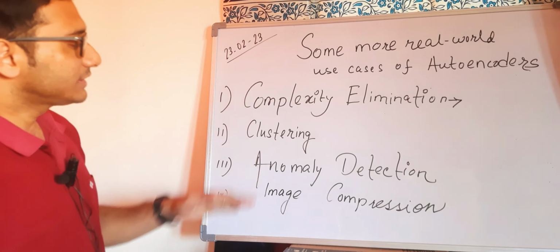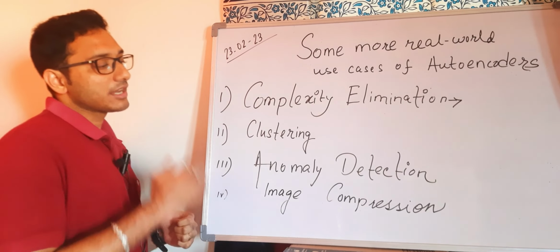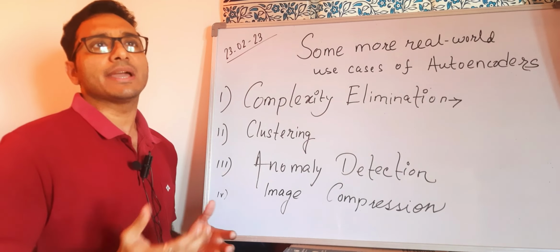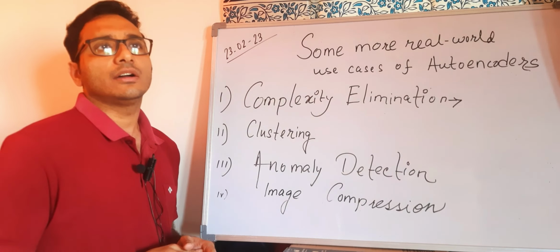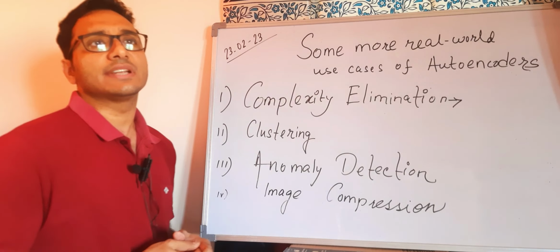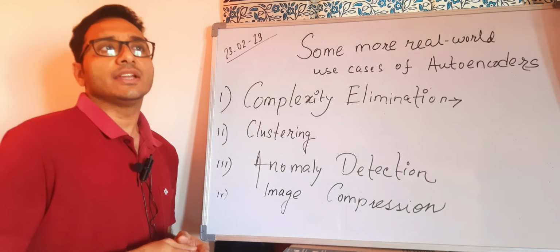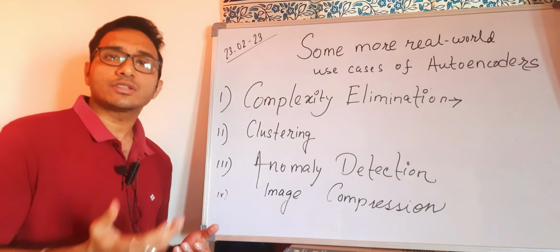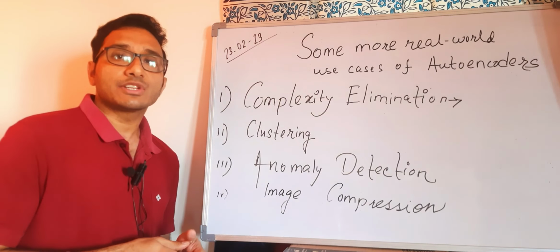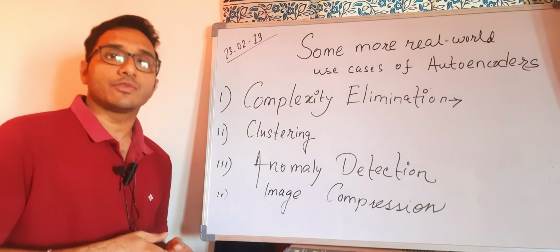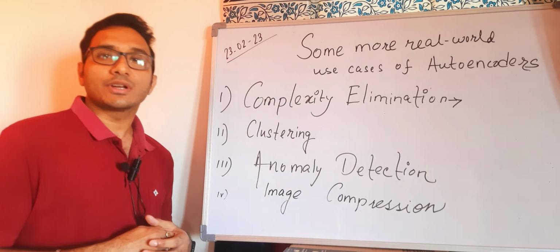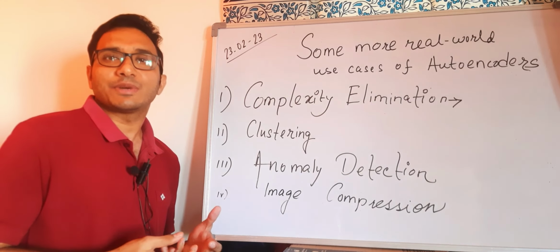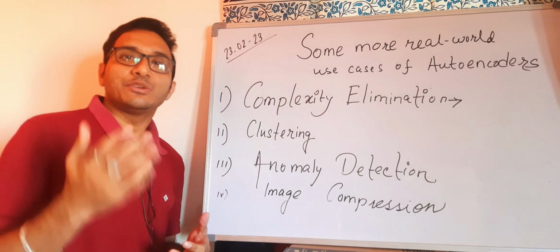Okay, so these three things, and finally the image compression. That is also a very well known, very mature problem statement, because in the previous century there have been lots of image compression algorithms applied. For example, can you tell me one important image compression algorithm? We use this particular term on a day-to-day basis.